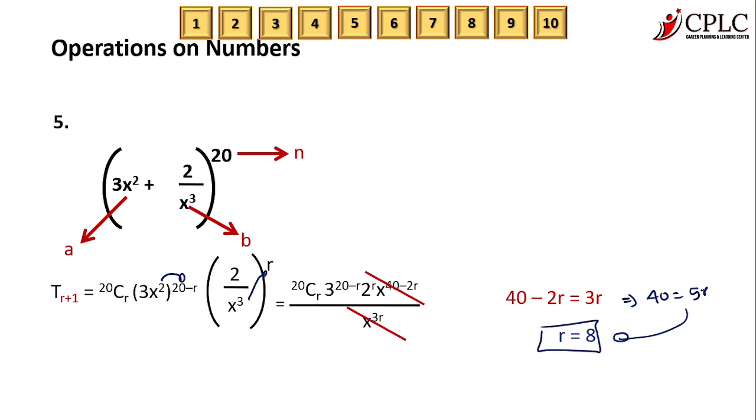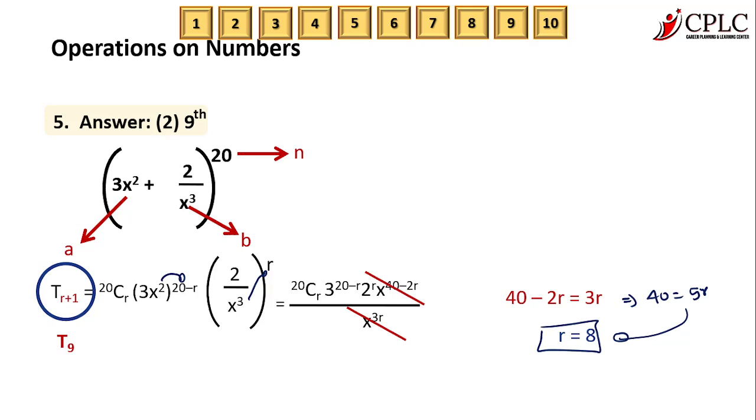And if r is 8, obviously which term is it going to be? So it is going to be the ninth term, which is the term independent of x, which is answer option 2 for that matter. So these are the things that you need to understand when you are dealing with such questions.